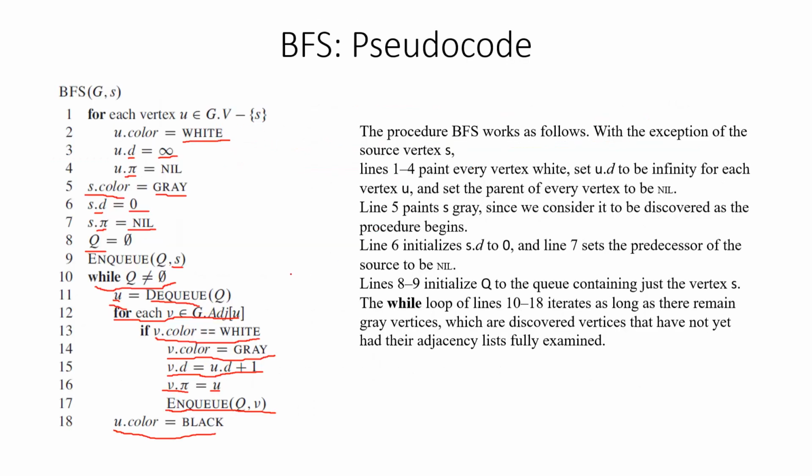If you notice here, line 13 says if the color is white, it means that we have never discovered that vertex before, and it allows us not to put one vertex twice into our queue.